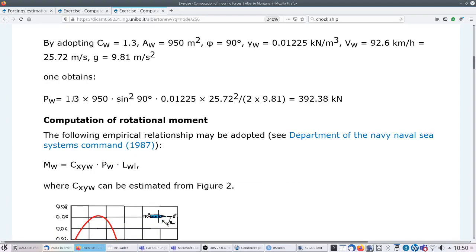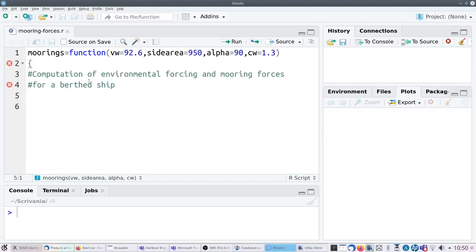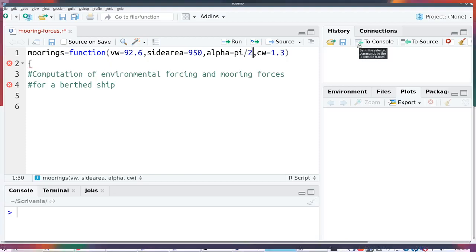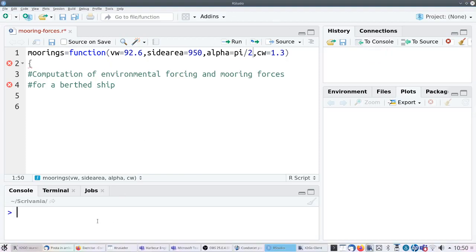So let's compute it. First of all, alpha 90 is not good. We should write alpha is pi half. I don't remember, I look in the console. Yes, pi is the symbol that R uses for pi.